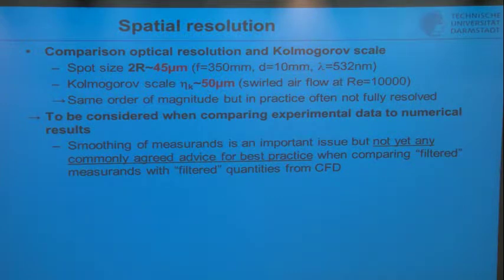Then you would receive the same quantities. But very often people do not characterize the experimental filter size in their experiments. I don't say it's difficult, it's only estimated, but it's an effort. So for these practical reasons, there is still no best practice.